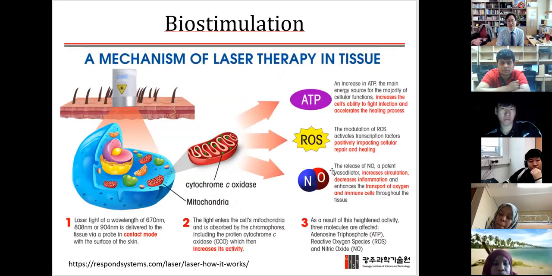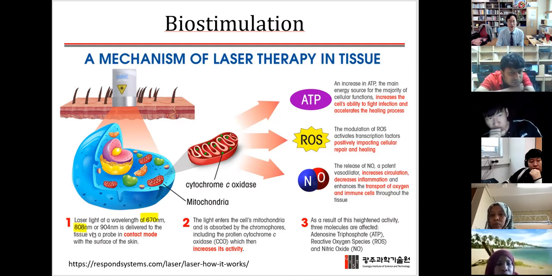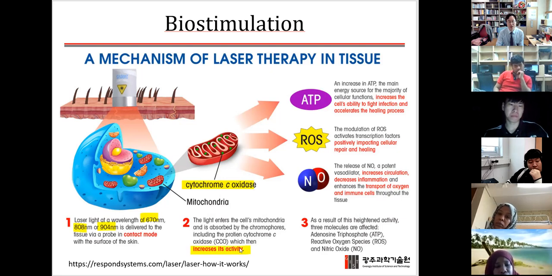This is another figure which Seungwon has actually shown in the last presentation. So by giving the laser at 670 nanometer or 800 or 900 nanometer, they can actually promote the cytochrome C oxidase in the mitochondria, increasing the cytochrome C oxidase activity.